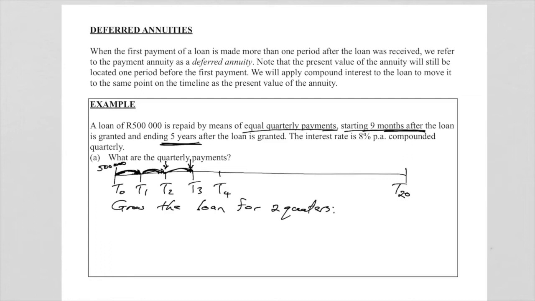So that means it's compound interest. Because if we delay our payments, that loan of 500,000 will still gain interest. And we now need to grow that loan up to T2 so that we know what the loan is when we start with our payments 9 months after the loan was granted.